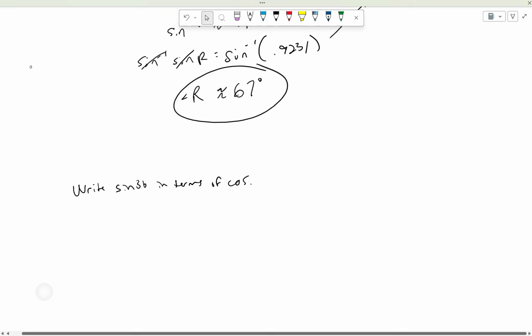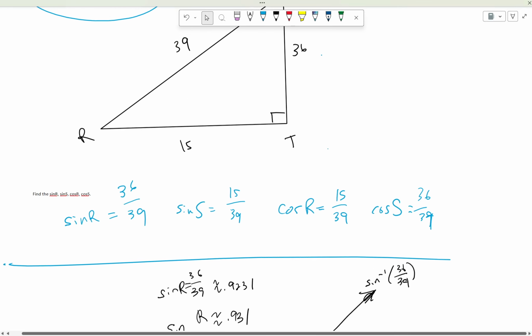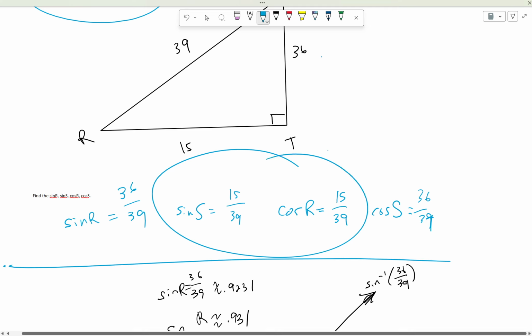Okay, next. Let's write the sine of 36 in terms of cosine. And this is going to be more interesting than I thought, because we had this where the sine of one was the cosine of the other, right?